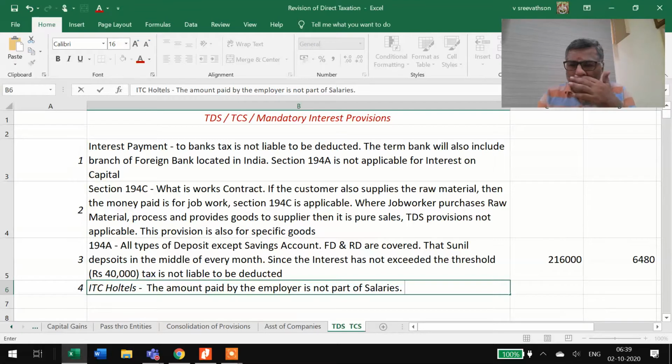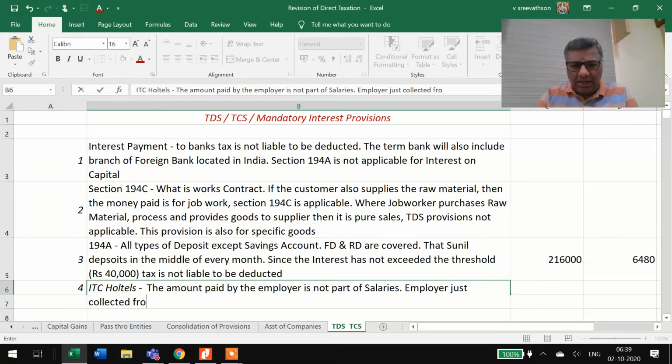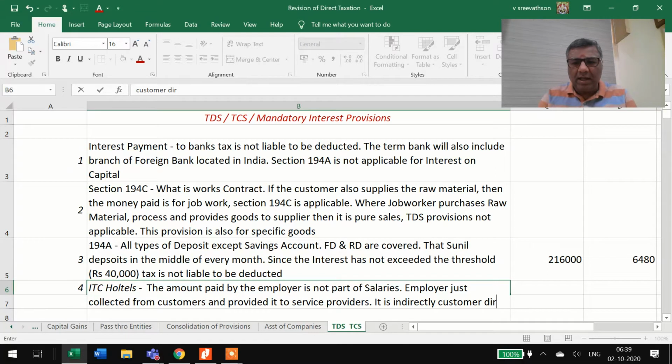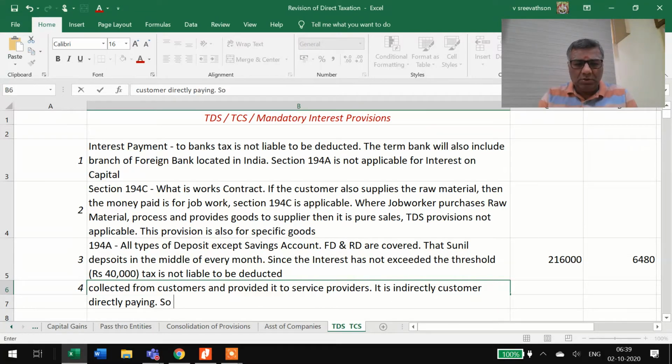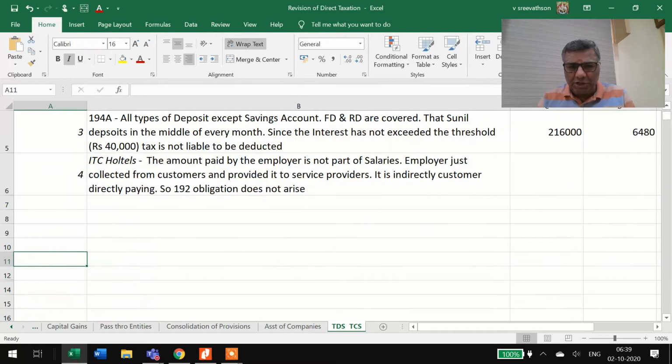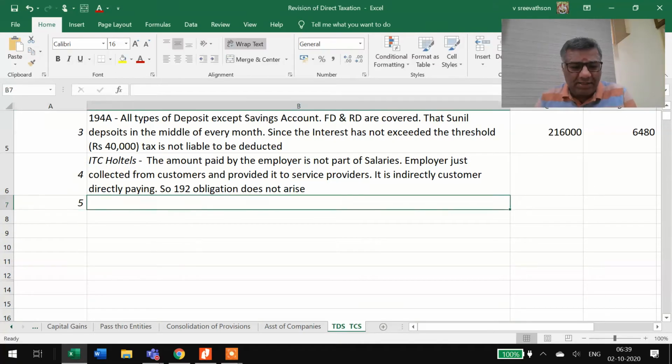The employer just collected it from customers and provided it to service providers, so it is indirectly the customer paying directly. So the 192 obligation, that is on salaries, does not arise.